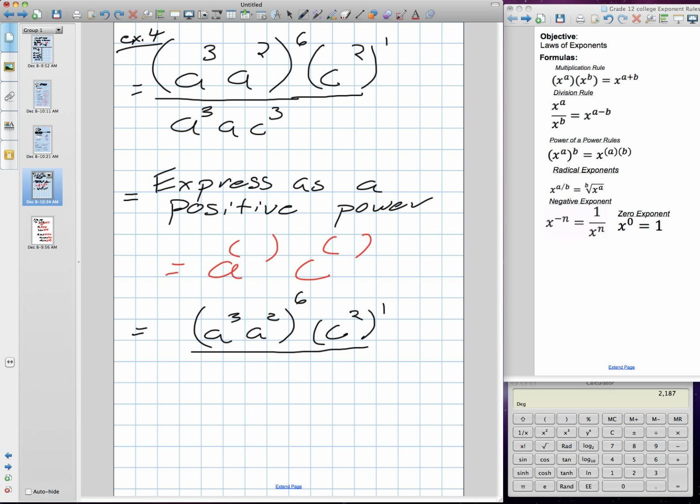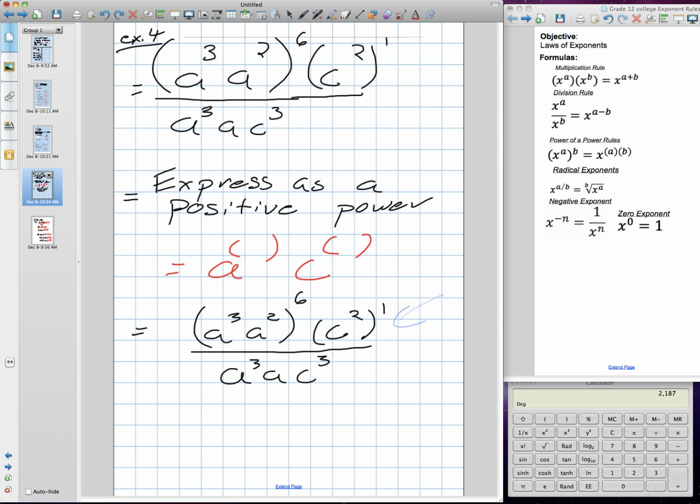So you guys really need to separate our variables, okay? I want you guys to think of them differently. We're going to deal with just our A's together and just our C's together. I'm going to evaluate the top part of the bracket first. There's a lot going on there, so we're going to simplify that. So, first thing we're going to simplify is we have a multiplication rule.